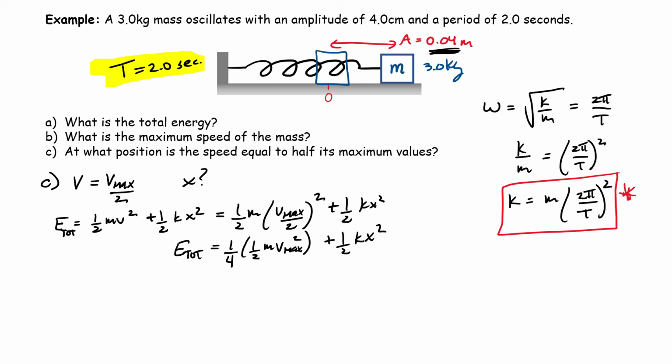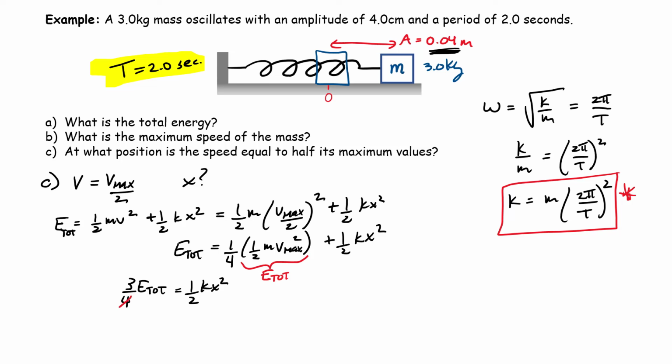Now, remember what this was equal to. We just did a problem where this was equal to the total energy. So here you have the total energy on the left-hand side, and here you have 1/4 of the total energy. If I bring this to the other side, you're left with 3/4 of the total energy of the system equal to what's left for the spring potential energy.